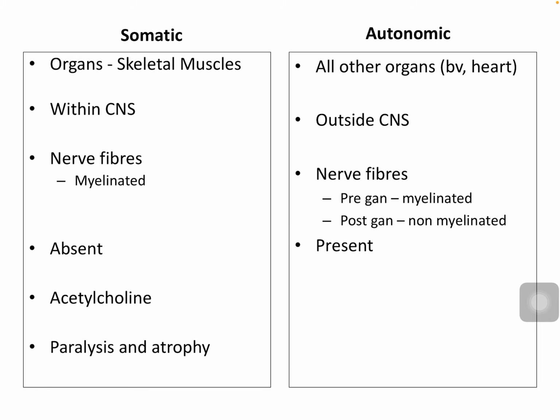Ganglia are present. The neurotransmitter, depending on the type, could be either acetylcholine or norepinephrine, or noradrenaline, both are one and the same. And when you cut the autonomic connection to a particular organ, usually the organ functions on its own, so there is no change in the activity. This is the major difference between the somatic and autonomic nervous system.